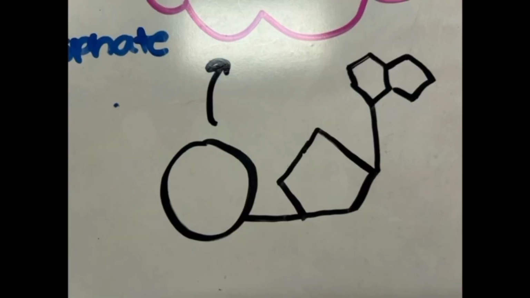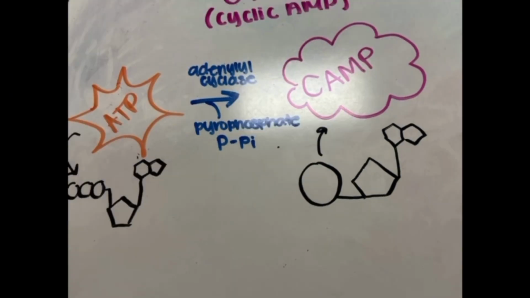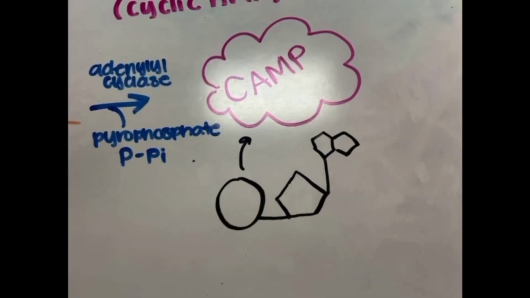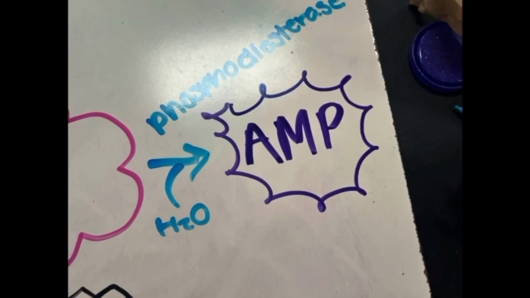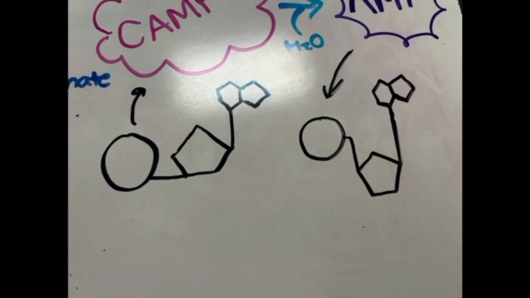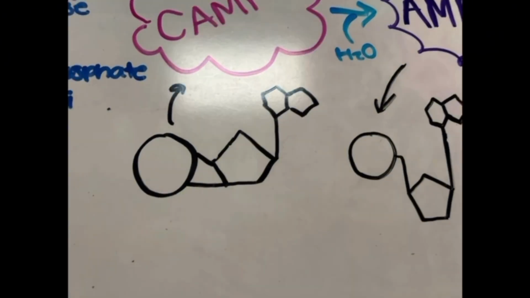This activation converts ATP into cAMP. cAMP activates protein kinase A, PKA, and then this PKA phosphorylates various proteins, leading to a variety of cellular responses such as changes in gene expression, cell growth, or metabolism. You may be thinking that these two look pretty similar, but in cAMP there is a second bond onto the phosphate group.